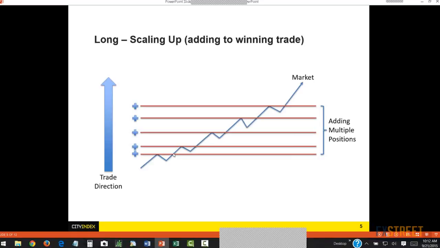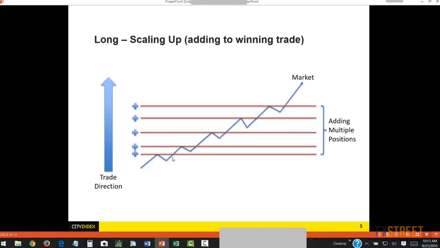Okay, so we get in with a small position. Maybe we get into a fifth position, or 1/5 of the size of our regular full position, and then we get in as it moves in our direction. Then we add to our position like so. So we add here, and as it breaks out to new highs, we could add positions as the market further develops and goes in our favor.